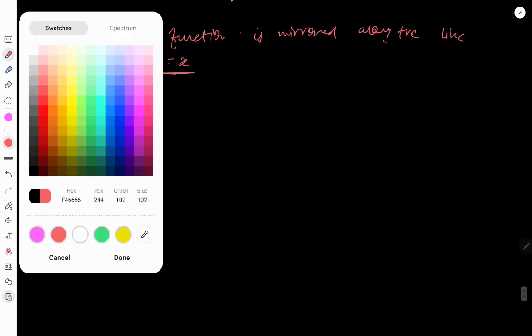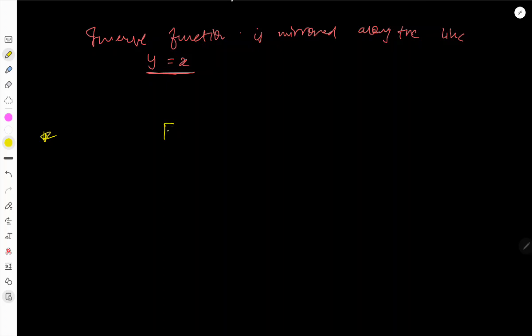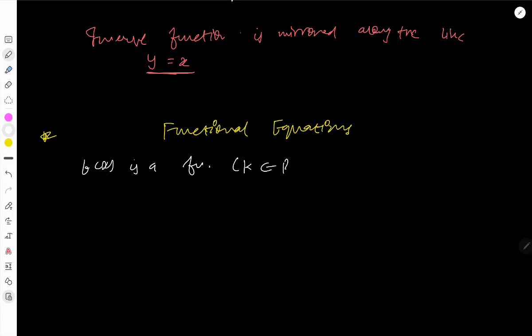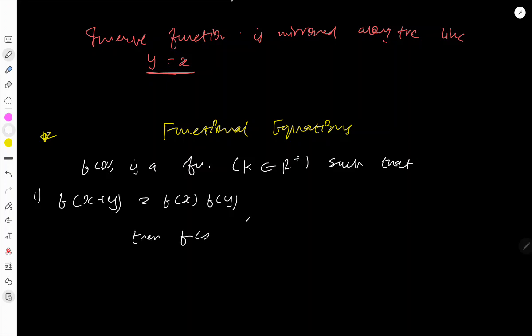So now let us move to the functional equations. This is very important. So f of x is a function. Now we understood about the function, and k belongs to positive real numbers, such that number 1, if f of x plus y is equal to f of x into f of y, then f of x is equal to k to the power x.